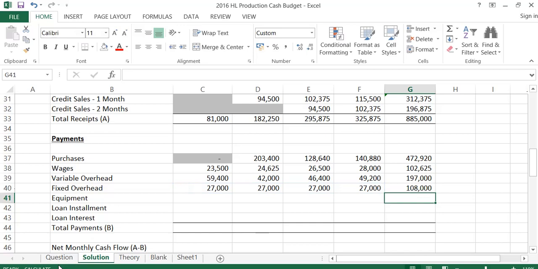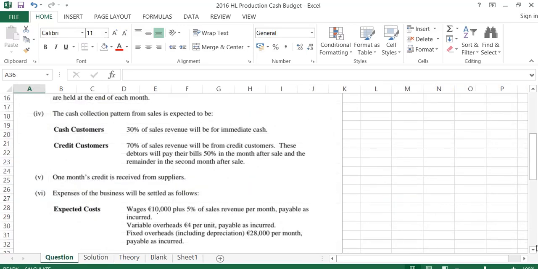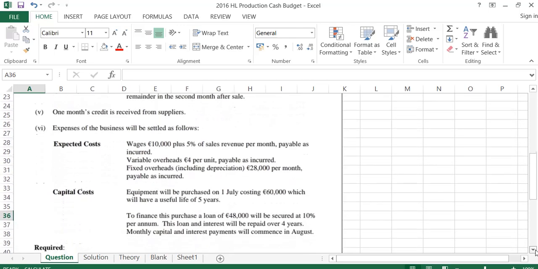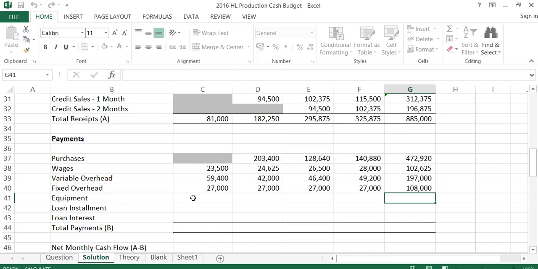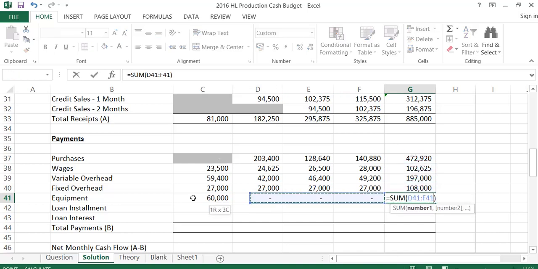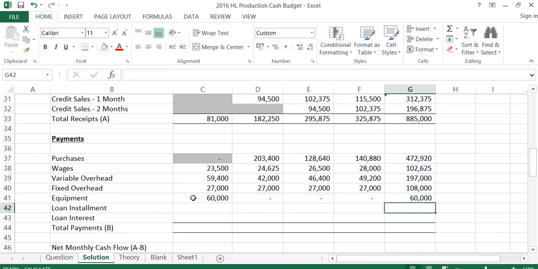Equipment is straightforward. The purchased equipment, I can see down here that the equipment was purchased on the 1st of July costing 60,000. So 60,000 is going to go into July. And there's no other equipment purchase. So again, I'm going to total that across, which gives me 60,000.